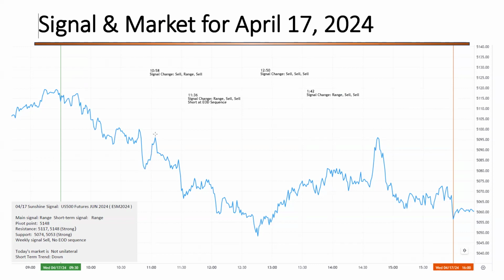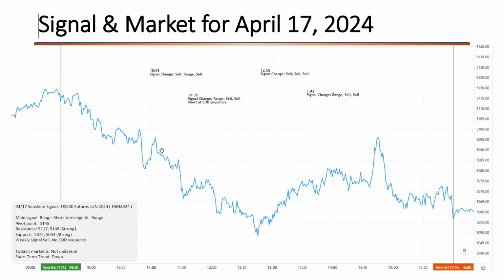Now the market bounced. It did not get above the high of the day, and we also know that this level here, because we saw some shallow bounces, couldn't get above this resistance zone either. So we would expect a further fall towards the next support here at 50.74 and then 50.53.